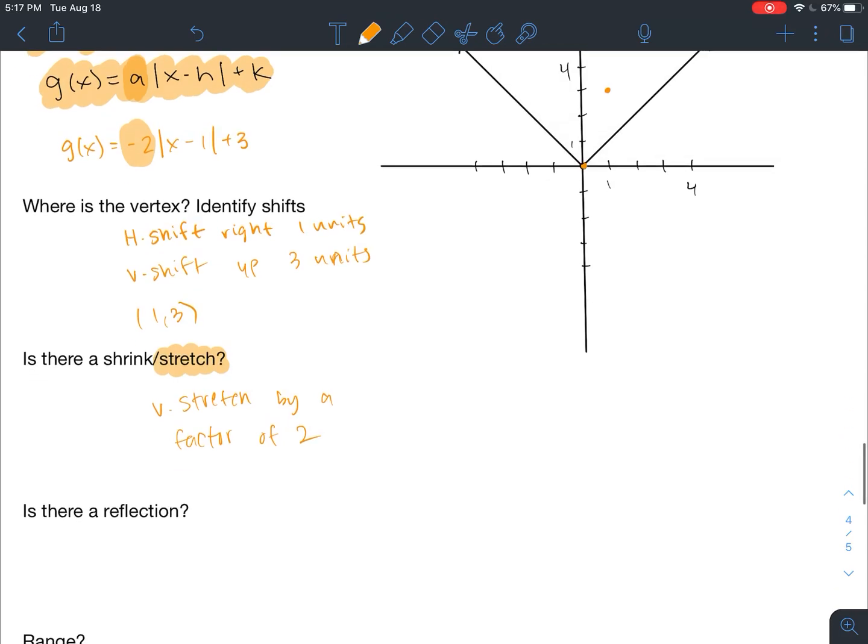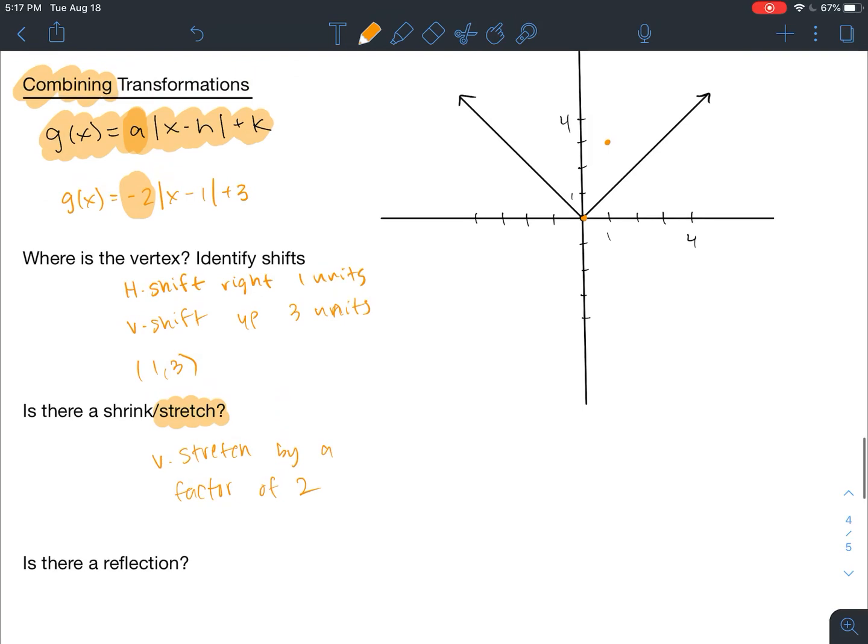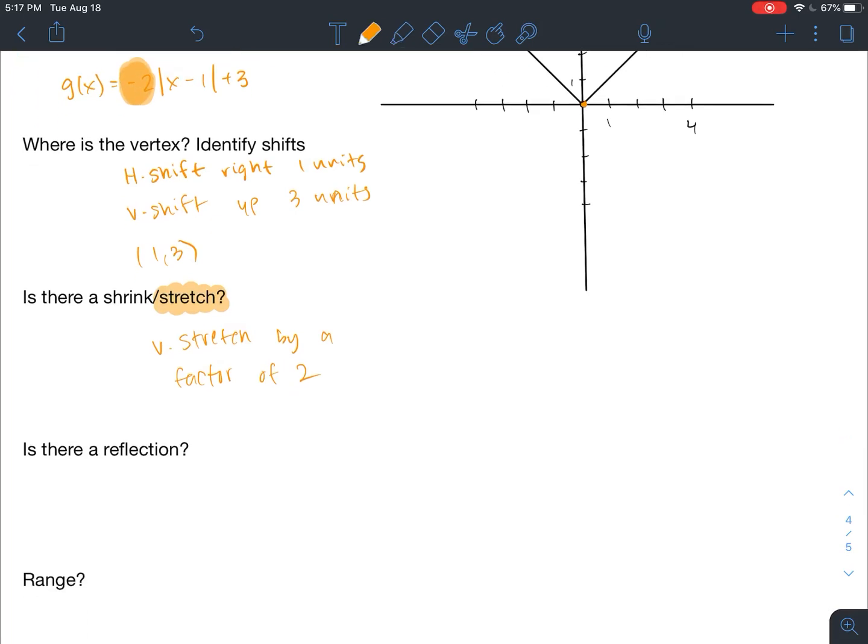Is there a reflection? Now we said that there's a reflection if this a value is negative, and in this case it is negative. So yes, there is a reflection.